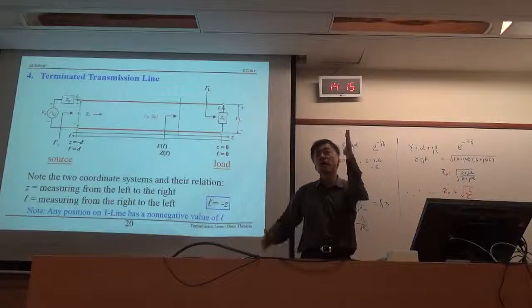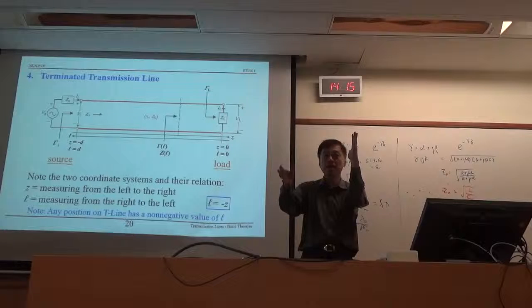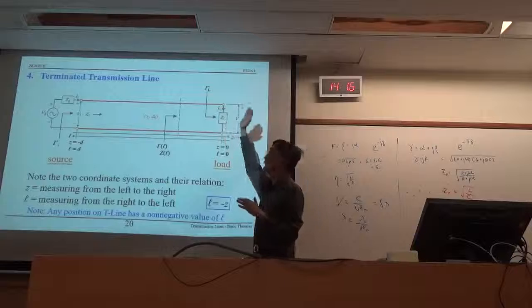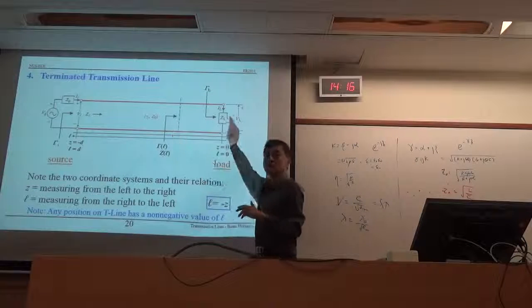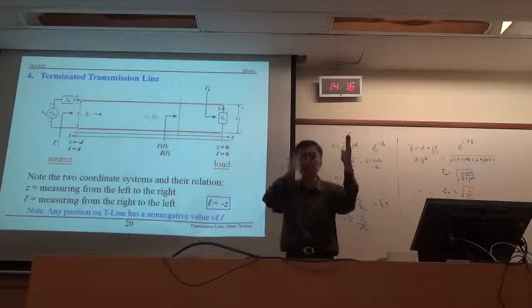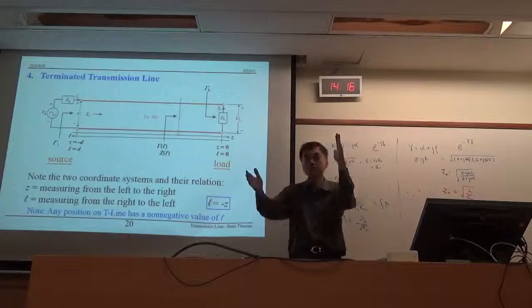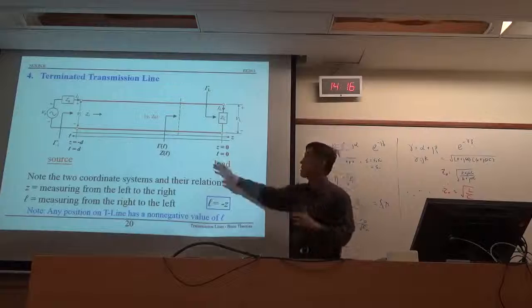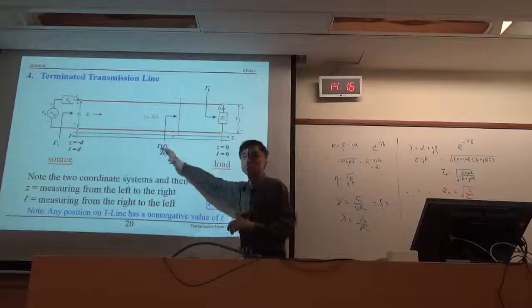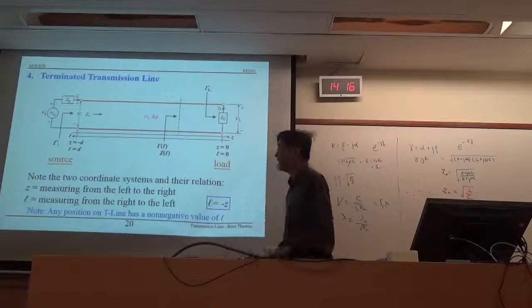Our plane wave hits a boundary, zeta 1, zeta 2. It's the same thing as our transmission line hitting a load. A plane wave propagates, hits the boundary, there will be reflections, there will be transmission. Same thing now, the transmission line hits the boundary, there will be reflections, there will be transmissions. So everything's the same.